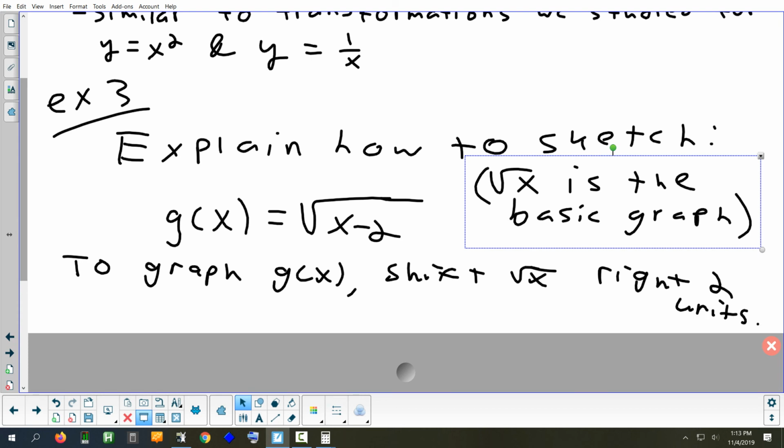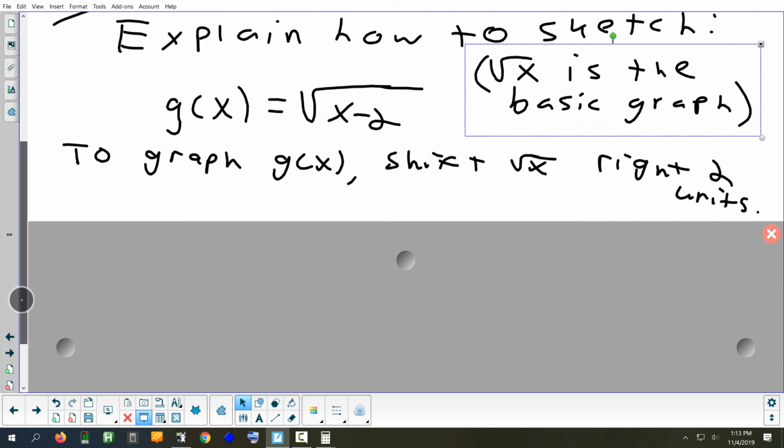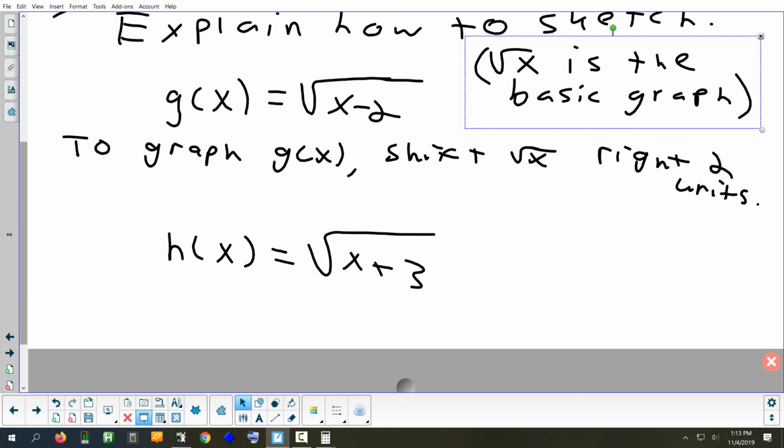That's what they were looking for. How about this one? H of x. Shift to the left 3. So shift square root of x left 3 units.